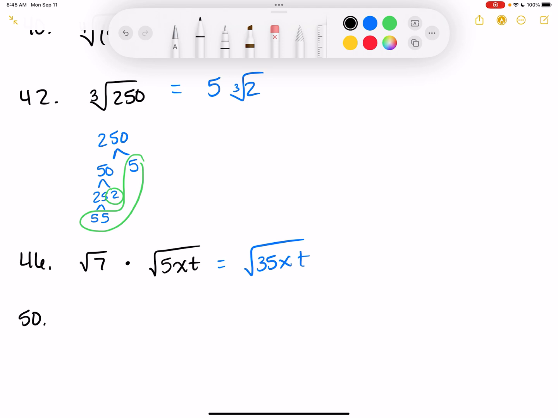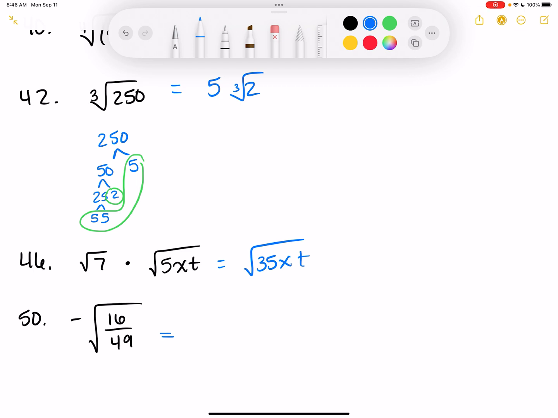50. Negative square root of 16 over 49. Anybody remember what the rule is about this? If I have a fraction under the radical, what can I do?